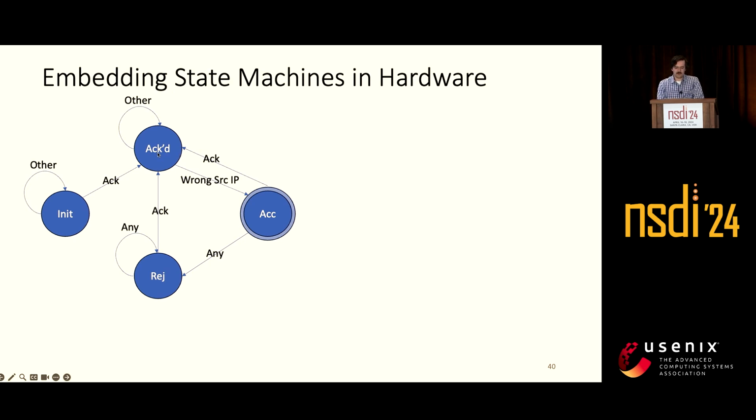If another packet arrives and it has the wrong source IP, it will go to the accept state, and otherwise it'll reject. So misuse of the protocol would be going to ACK and then the wrong source IP coming, so that's the accept state.